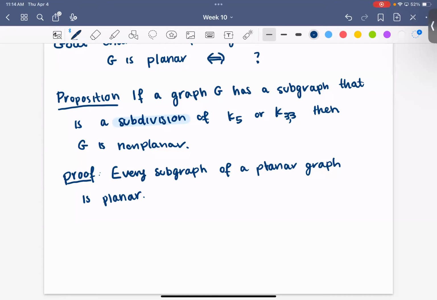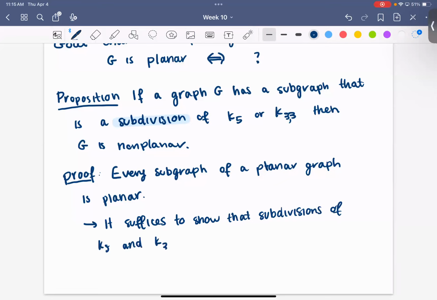So then it suffices to show that just subdivisions of K5 and K33 are non-planar. Okay, does this make sense?